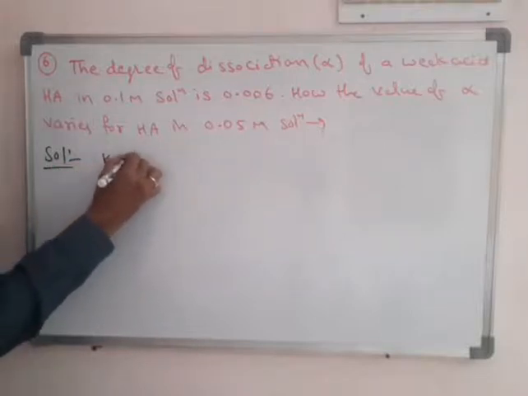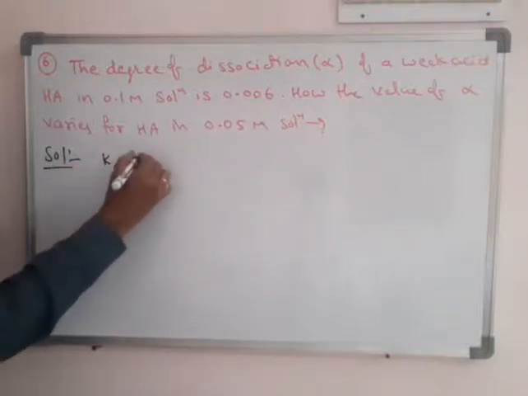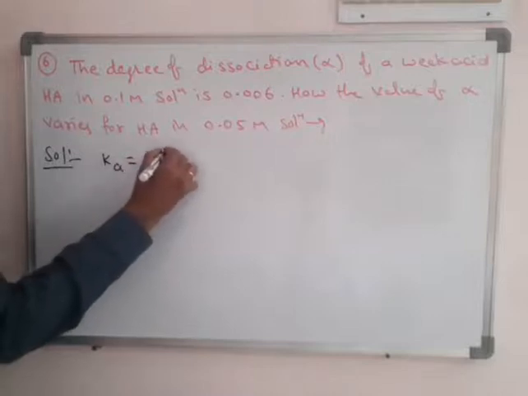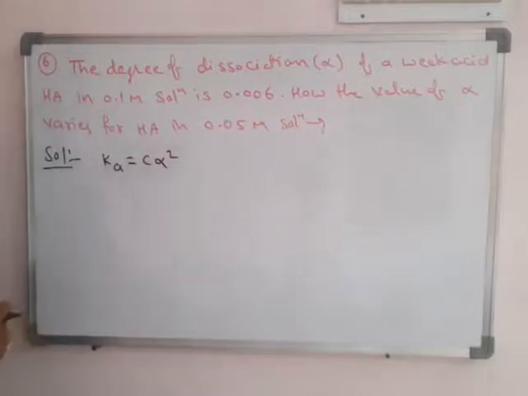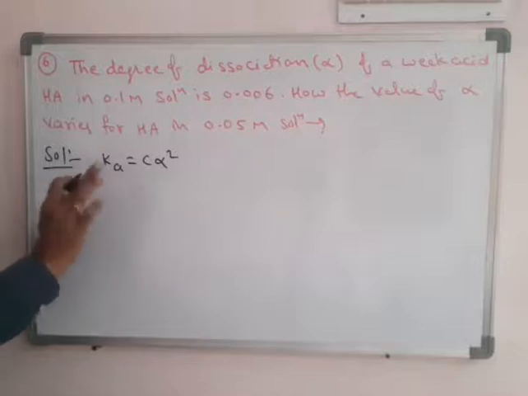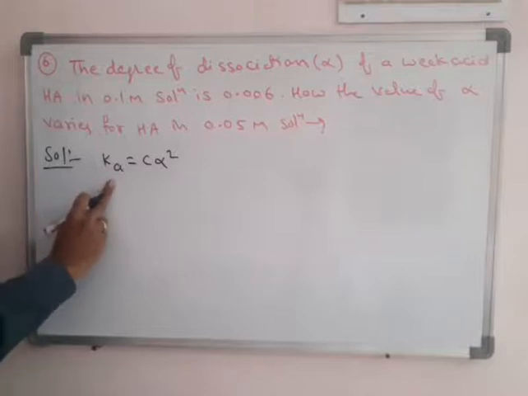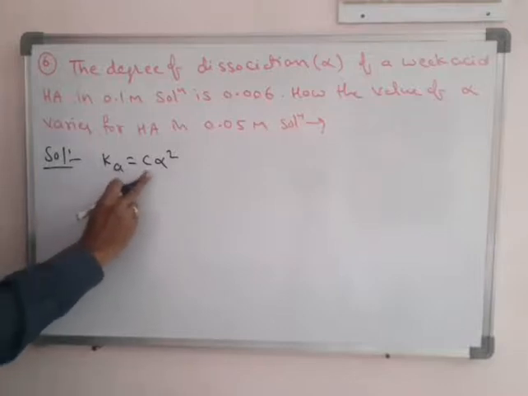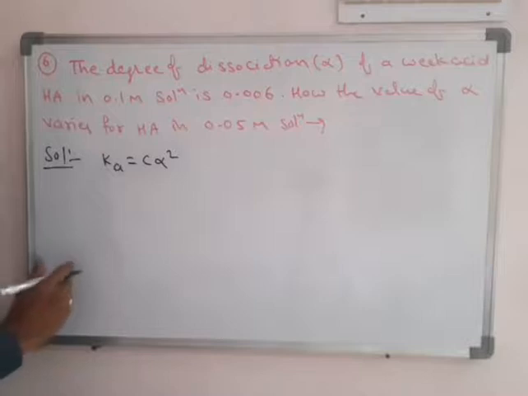We have already discussed the formula: K is equal to C alpha square. There is no change in the K, it is always constant for an acid, the acid dissociation constant.